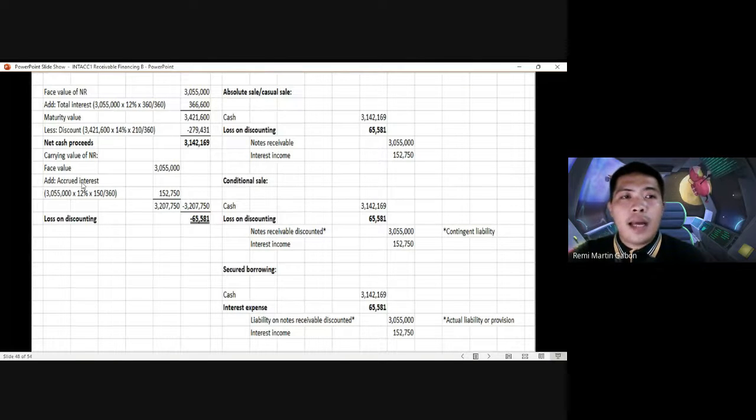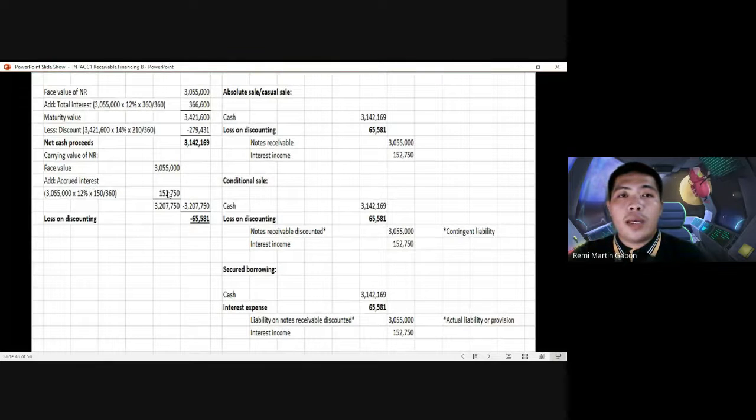Why interest income? Even though it is yet an accrued interest, since we are going to receive net cash proceeds out of discounting, we're already disposing the notes receivable, we can consider this accrued interest as earned already.